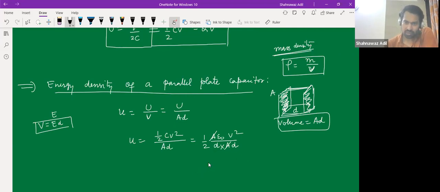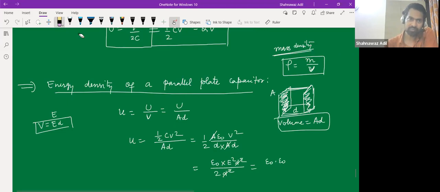So this is epsilon naught E square D square. And then you have this 2 and D and D squares. This one cancels. And now what I can do is multiply this by epsilon naught and divide it by epsilon naught.